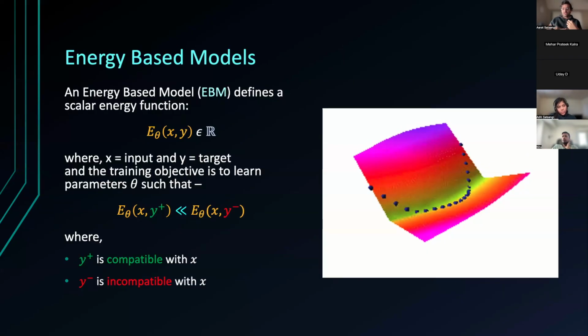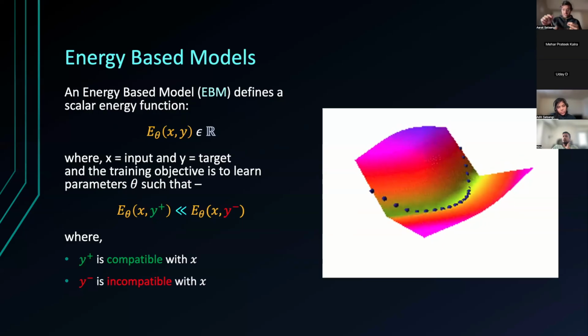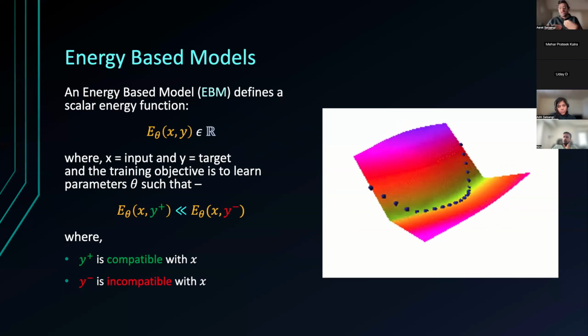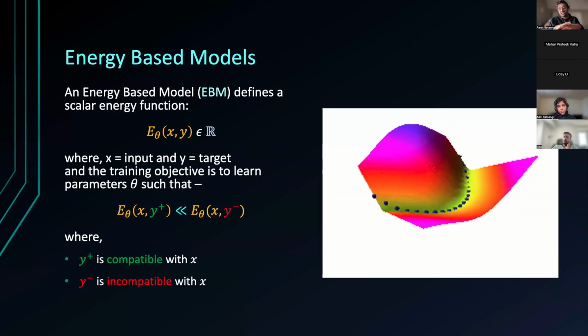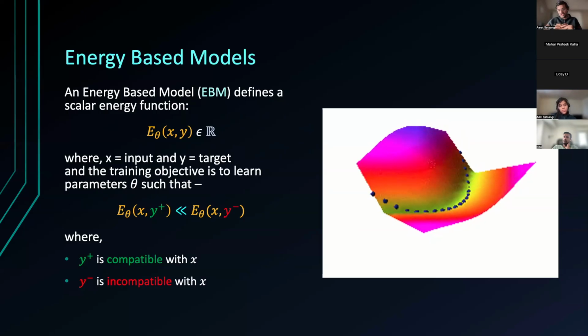In this diagram, the dotted line is what you want, where x is compatible with y. That's why the energy landscape is shifting so that it becomes lower energy in that region, and everything else becomes higher energy.